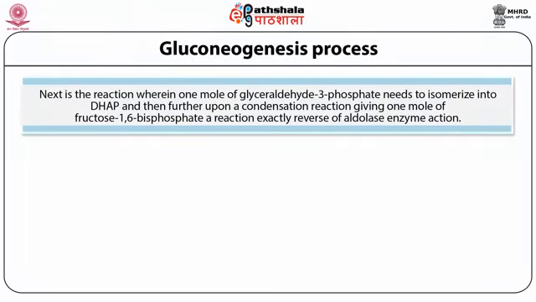In the last reaction, 1 mole of glyceraldehyde 3-phosphate needs to isomerize into dihydroxyacetone phosphate, and then, upon a condensation reaction, gives 1 mole of fructose 1,6-bisphosphate, a reaction exactly reverse of aldolase enzyme action.